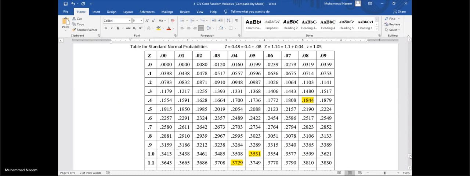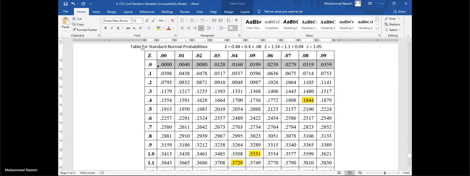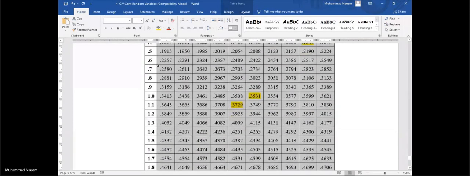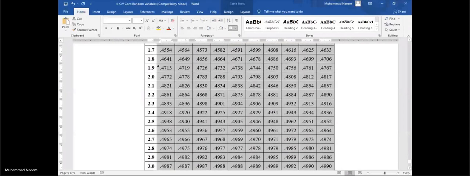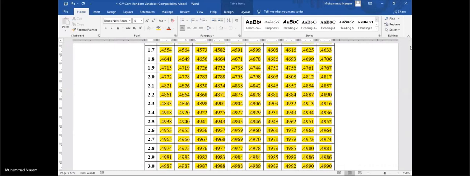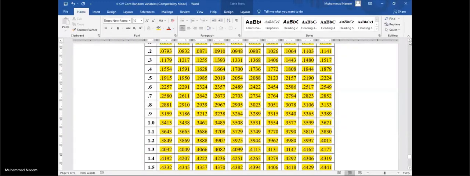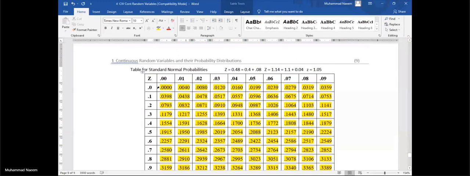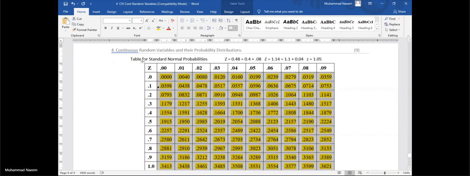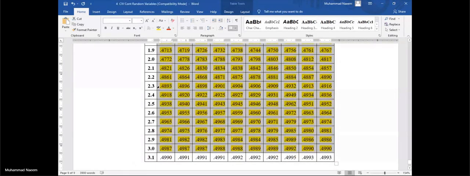Our first column and first row are showing the points, and rest of all the figures are showing area. These are the areas, except first column and first row. How to calculate these areas corresponding to certain points?